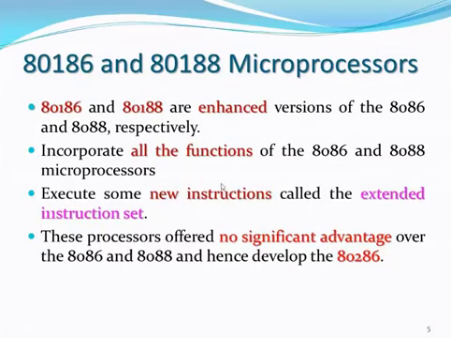That means whatever tasks, whatever activities you can do with the 86 and 88, the same things you can also do with the 186 and 188. Is this okay, guys, to you? Yes, sir. Okay, I believe you are listening to my voice. Are you listening to me? Yes, sir.